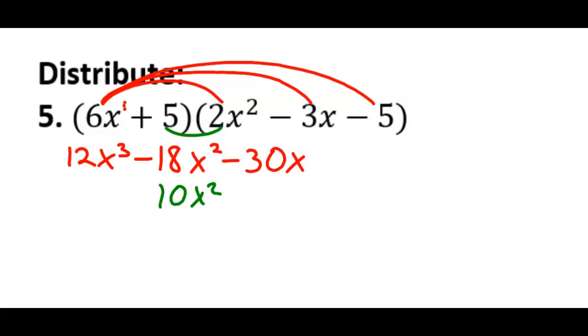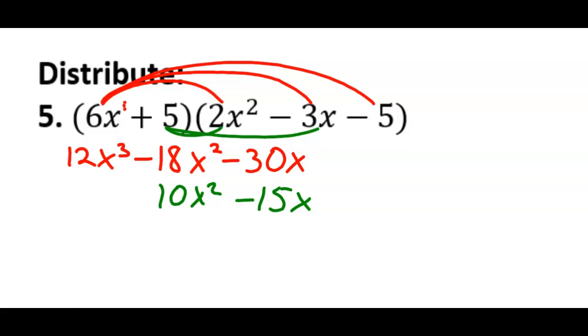All kinds of things. 5 times negative 3. Negative 15x. Why? Who said negative 15? Well, apparently I didn't.